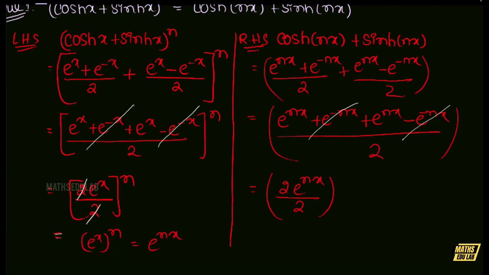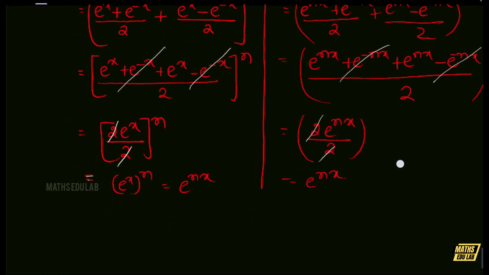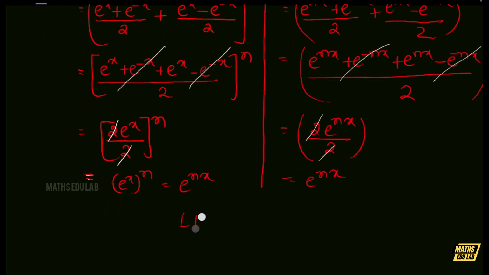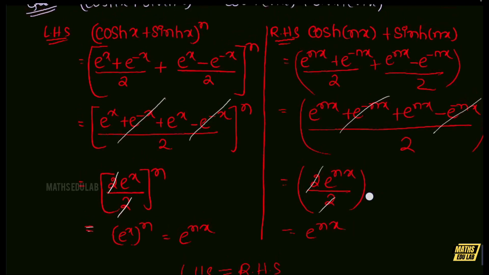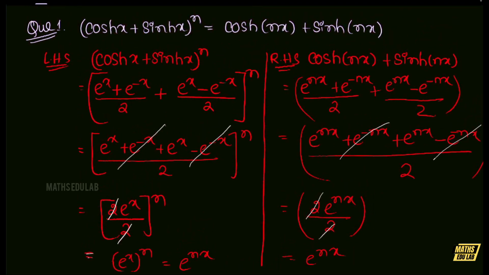Now here also again we will cancel these two values, and we got the value as e^(nx). So hence it is proved that LHS is equal to RHS. So first question we solved here.